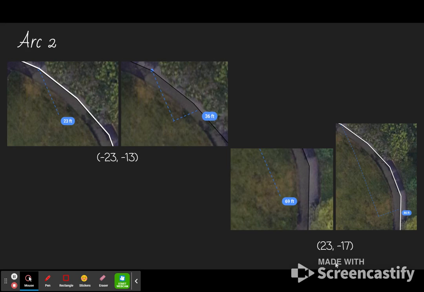And as for the other point, it's at (23, -17). So again, at 23, the path is 17 feet below the x-axis.